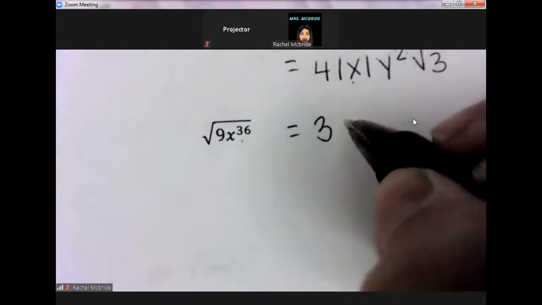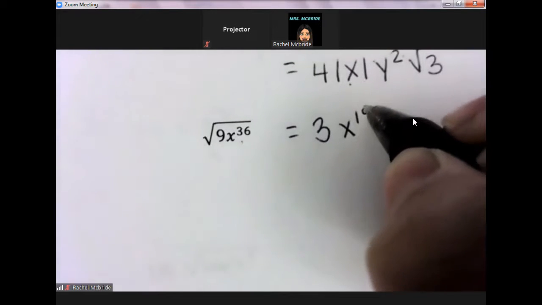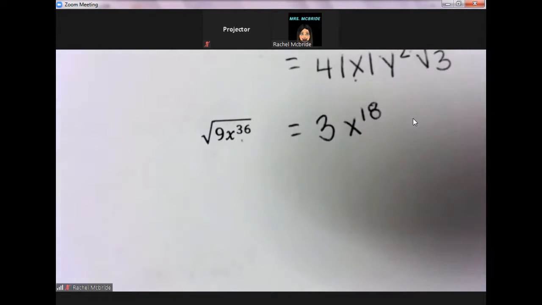Is 18 even or odd? 18 is even, therefore no absolute values. So the square root of 9x to the 36 will give you the same answer as 3x to the 18.